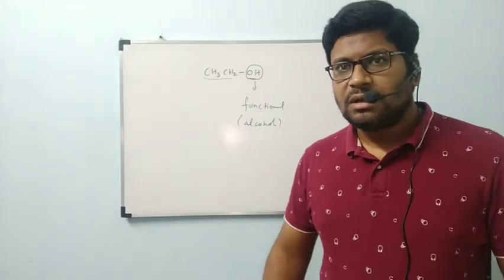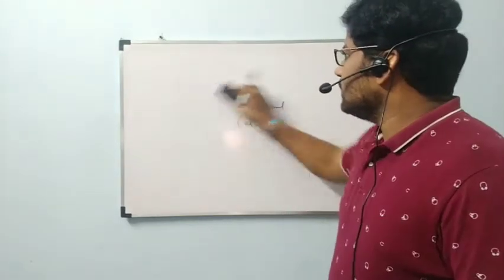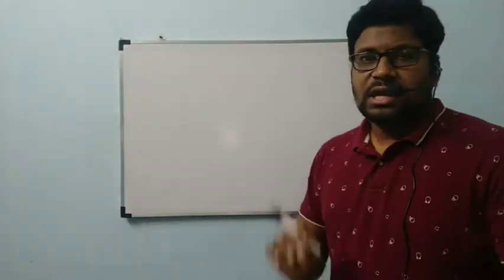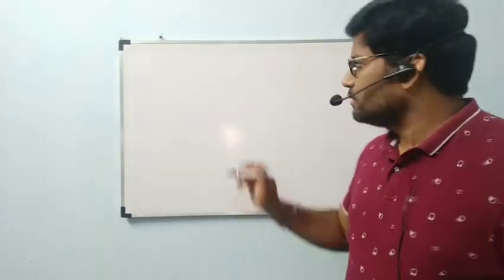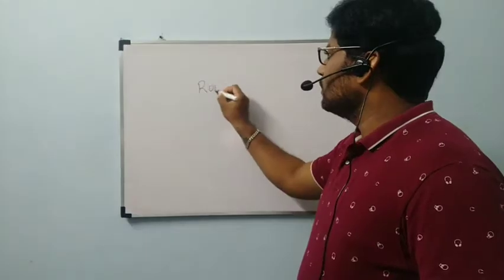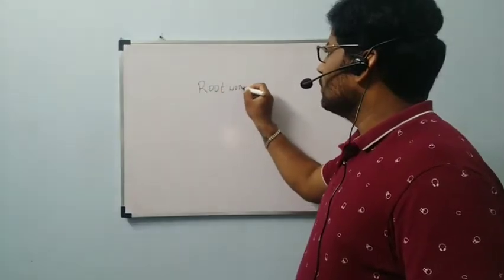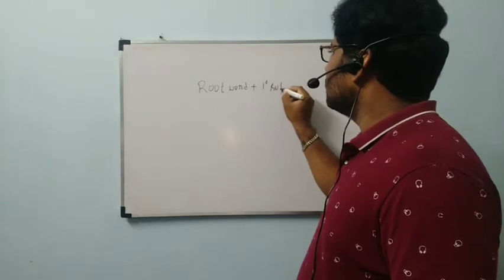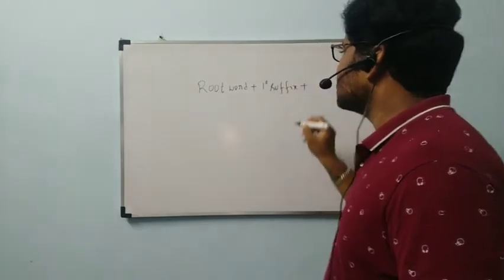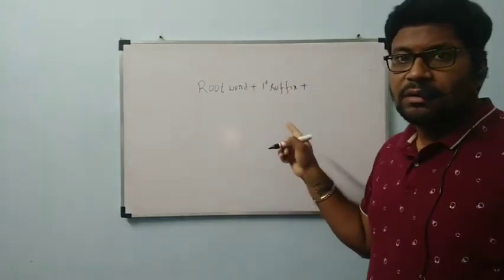Before going directly to the tabular column, I would like to state the general organic compound name: root word plus primary suffix. Till now we have seen only up to the primary suffix.